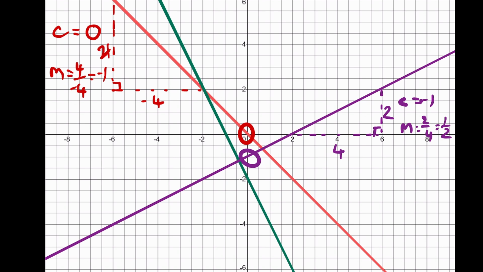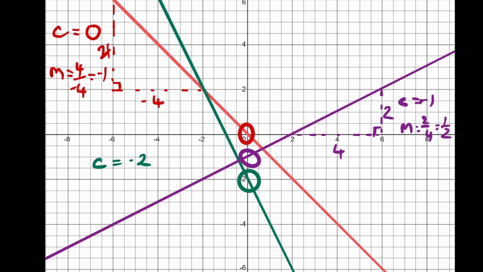Lastly, let's have a look at our green line then. So first, the y-intercept is -2. So where should we pop this? We'll pop this over in the bottom left quadrant again. So the y-intercept is -2, so C is -2.